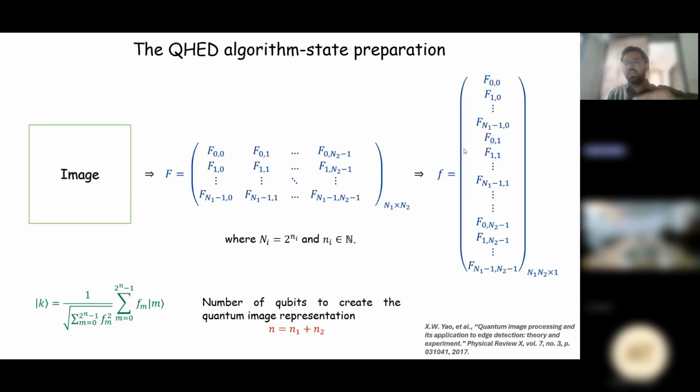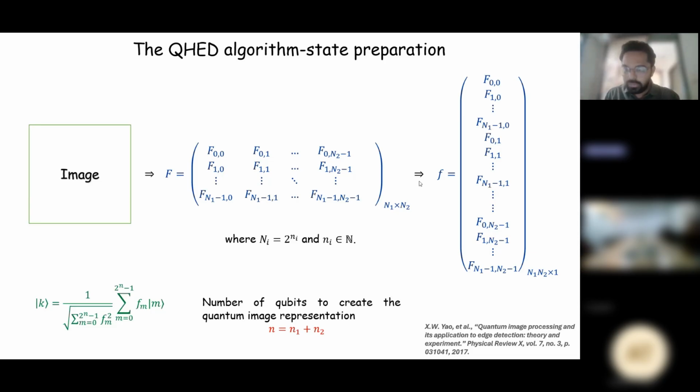Here the constraint we are putting is that this capital N should be a power of 2, 2 raised to small n. The reason is that we are working in the quantum domain, and quantum works in these regimes.